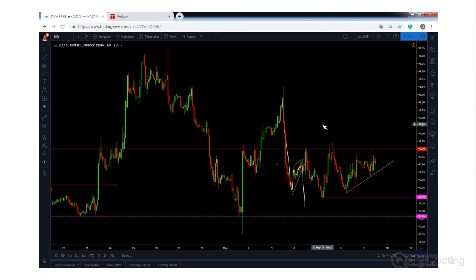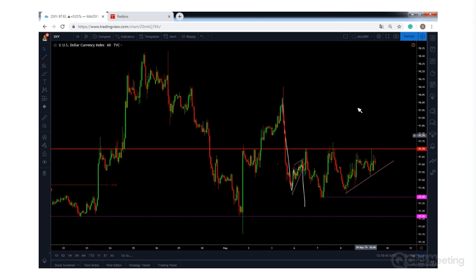And we also had a position on the Euro USD, a short position on the Euro USD that I'm going to go through in about a minute or so, because the bullish moves are testing the 97.70 level.